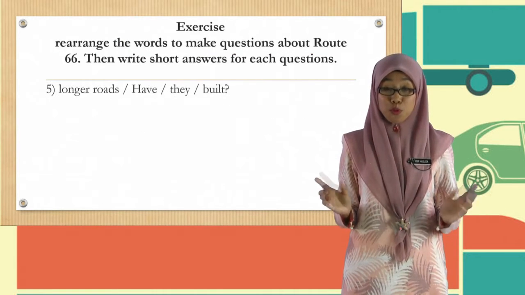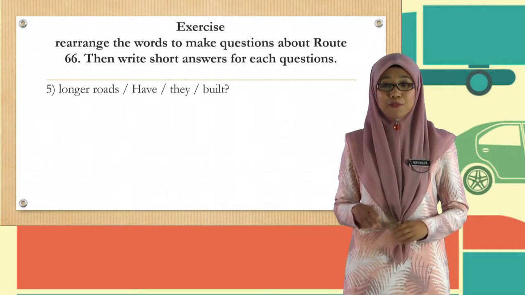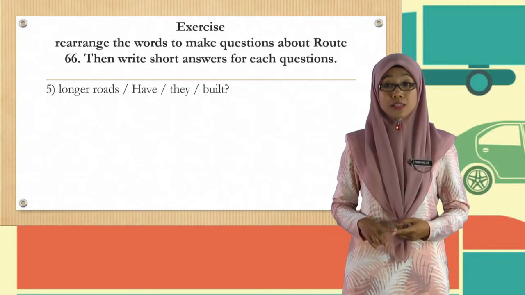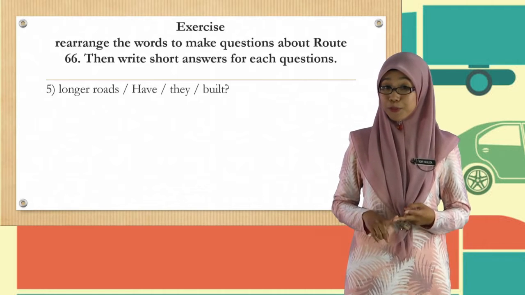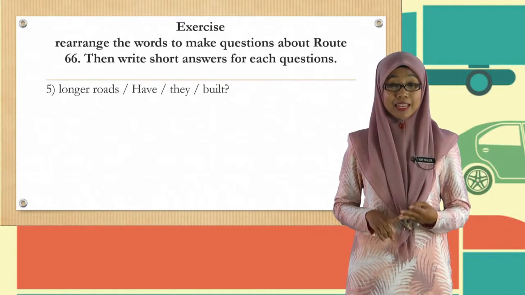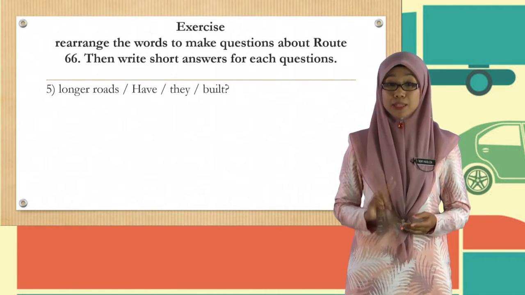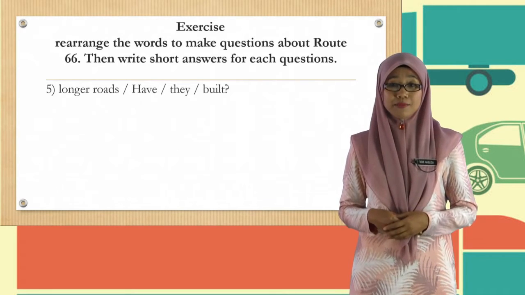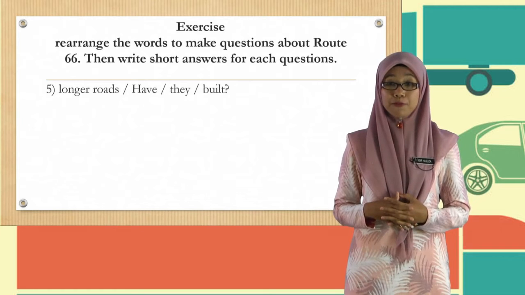Now we move to question number 5. We have longer roads, have, they, and built with a question mark. What is the correct question for number 5?